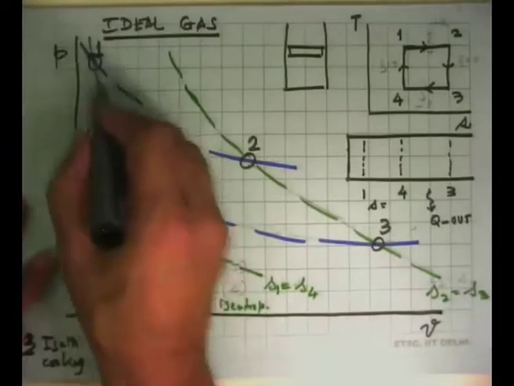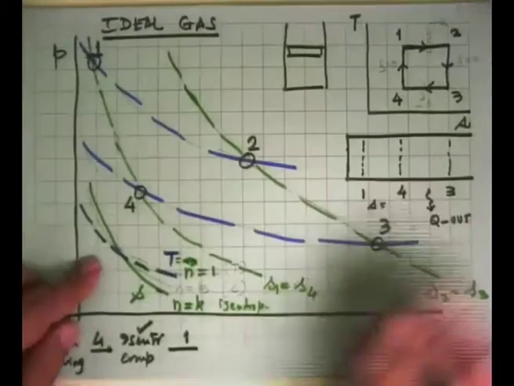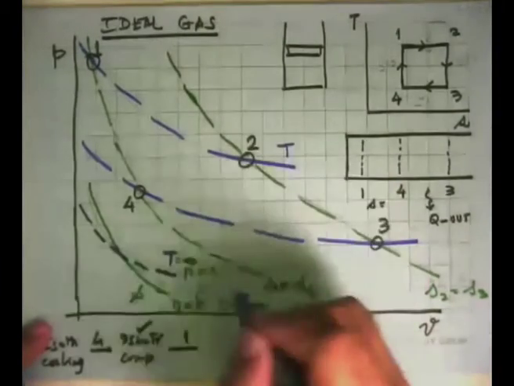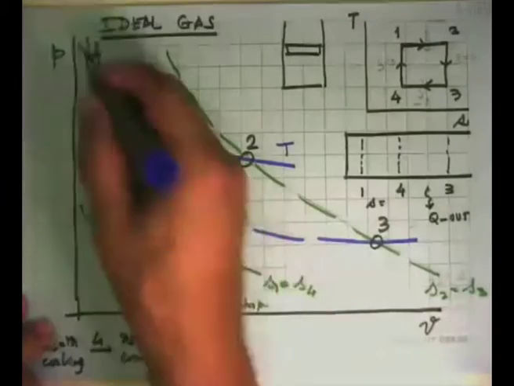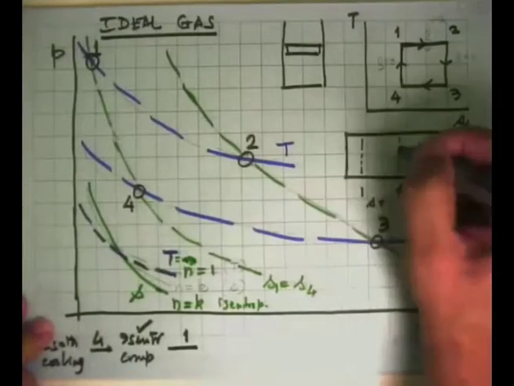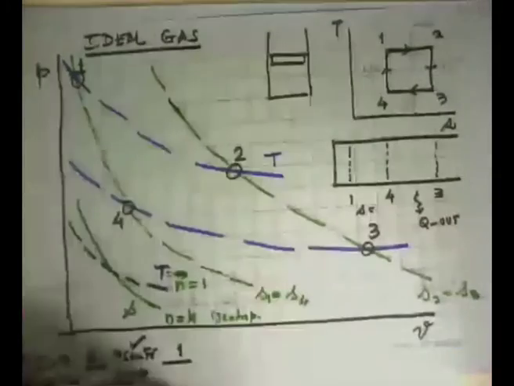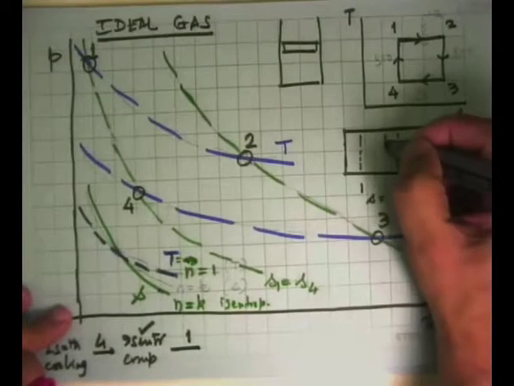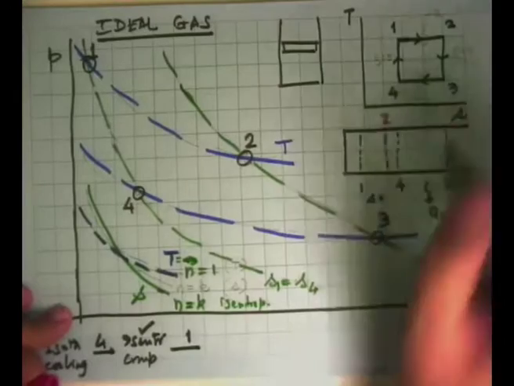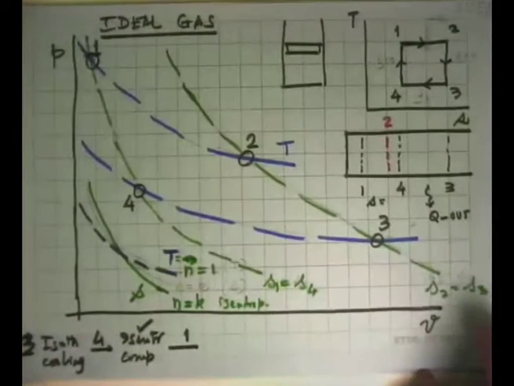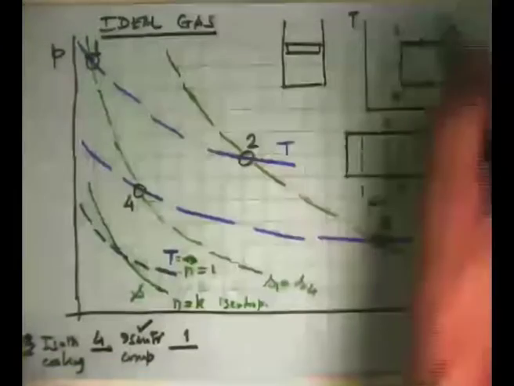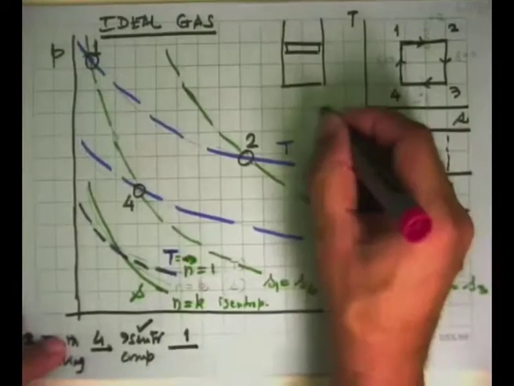From state 1, we get this line, which is an isothermal, which is 1 to 2. During this process, the piston moved from there and came out, say somewhere here. This is state 2. And what did it do? It of course expanded, but 1 to 2 here was Q in.